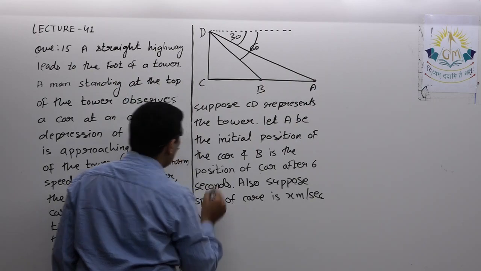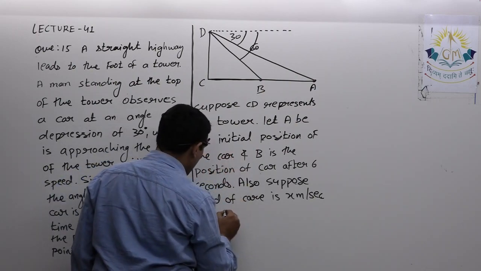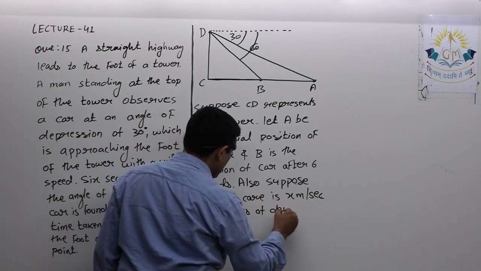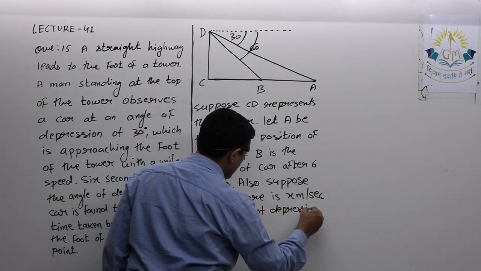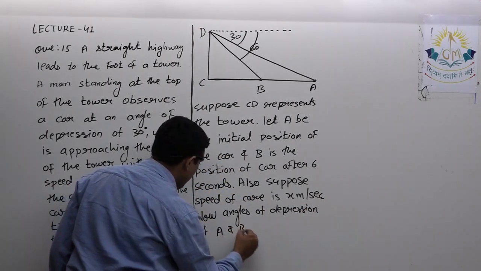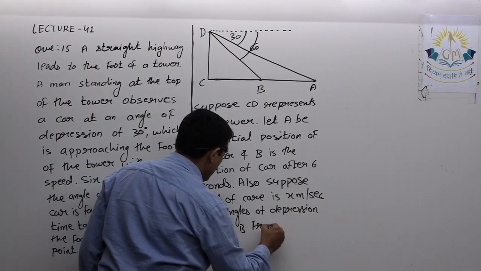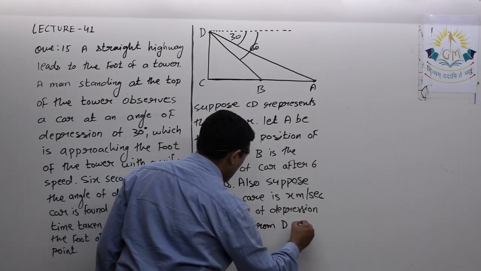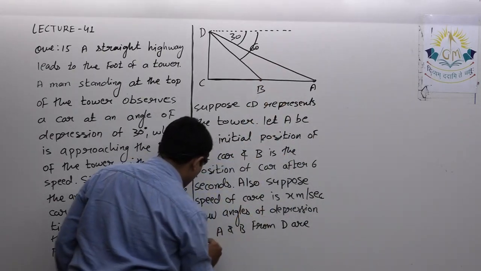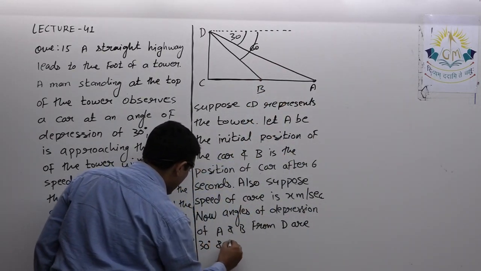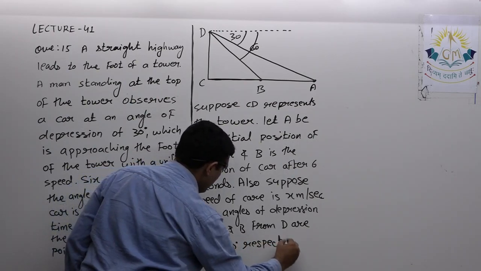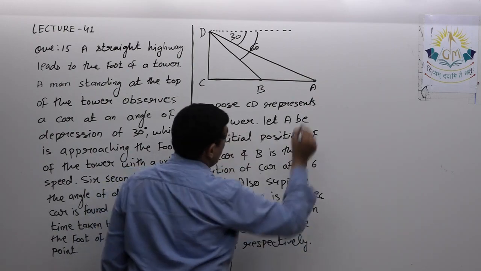Now angles of depression of A and B from D are 30 degree and 60 degree respectively.